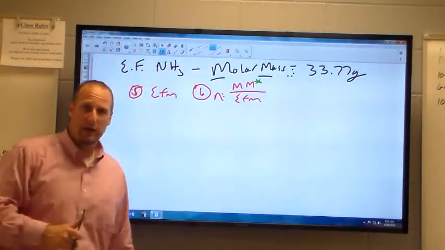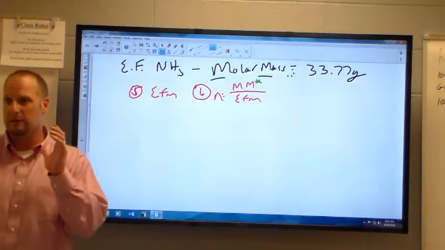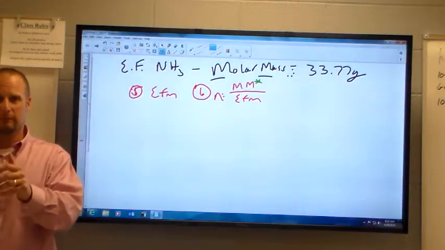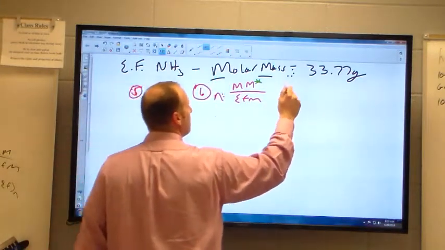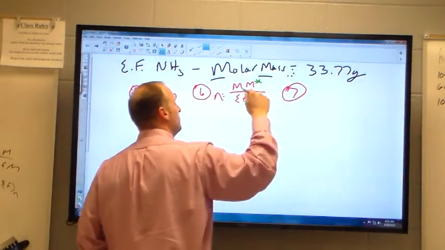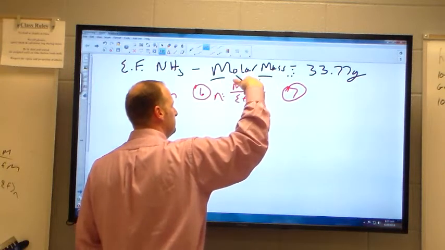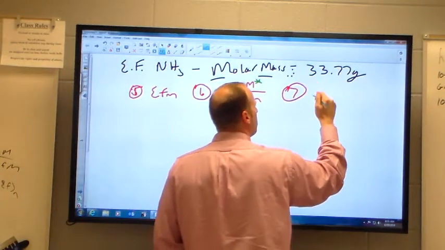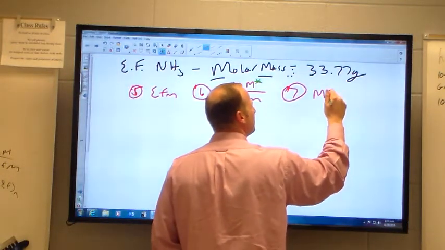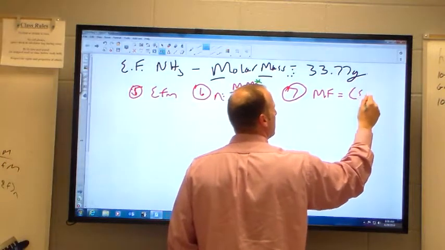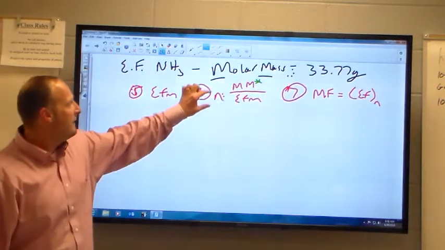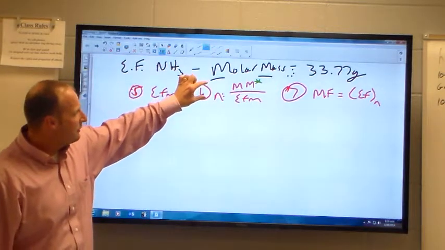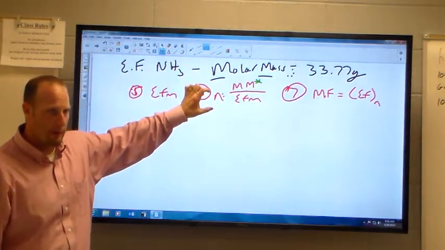It says find molecular formula. You want to stop and say, okay, self, find the M and N, the molar mass. And then step 7 is to find the molecular formula. It's a lot of formula here, but it's really just take your smaller formula and multiply all the subscripts by the ratio of the molar mass to the empirical formula mass.